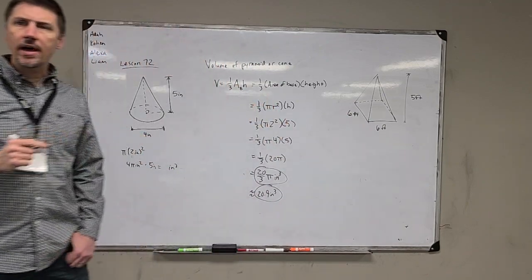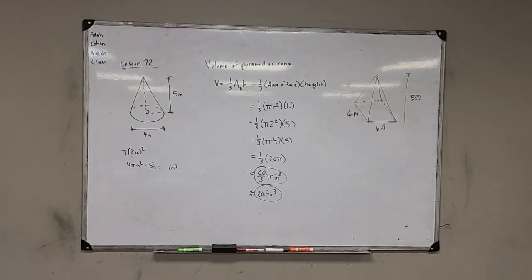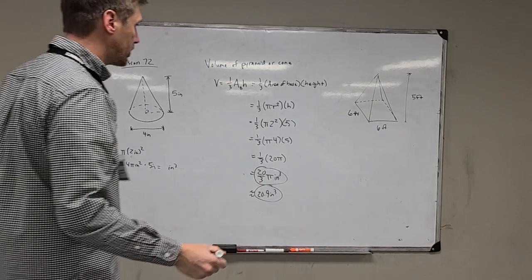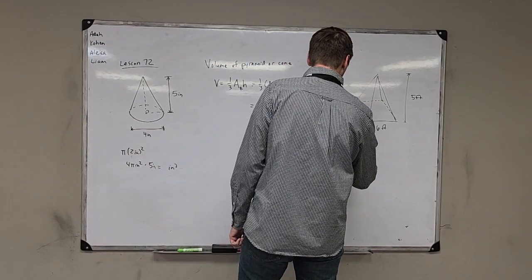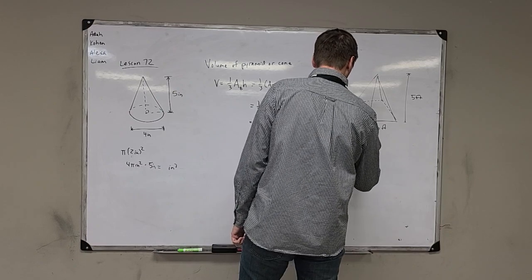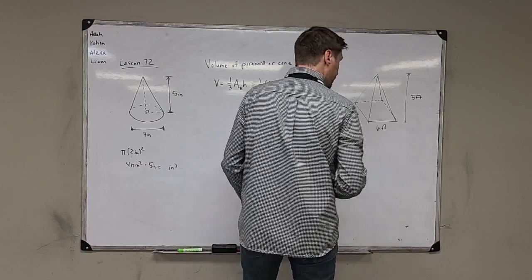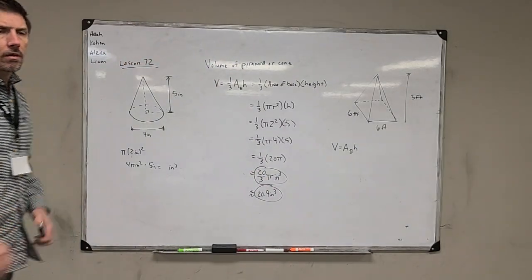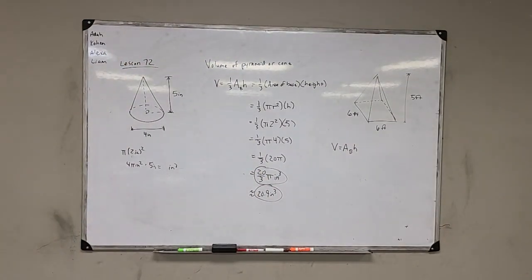How would I find the volume of that? The volume for both of these are the same in that the volume equals the area of the base, right, times the height. But how you calculate the area of that base is different, right?